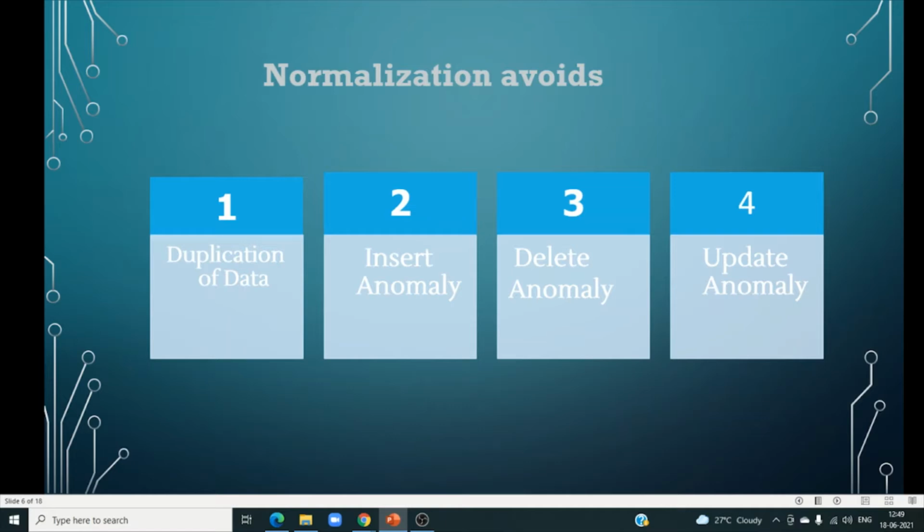We also learned about these in the previous class. Deletion anomaly: when we try to delete data from the database, some problems may occur. Those problems are called deletion anomalies. Update problem: when we perform updates or modifications in the database, some problems occur. Those are called update anomalies.